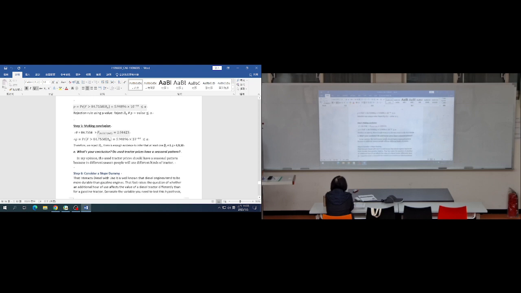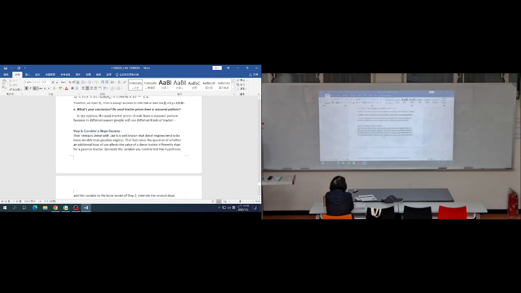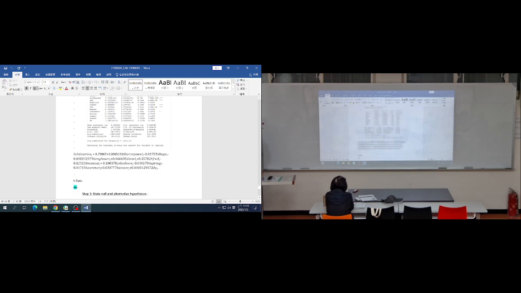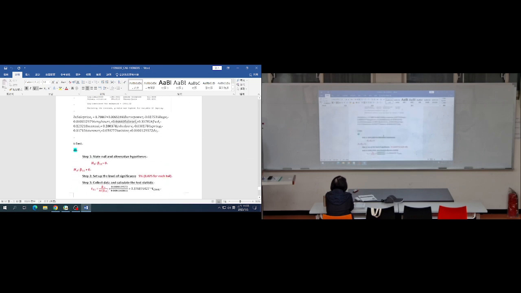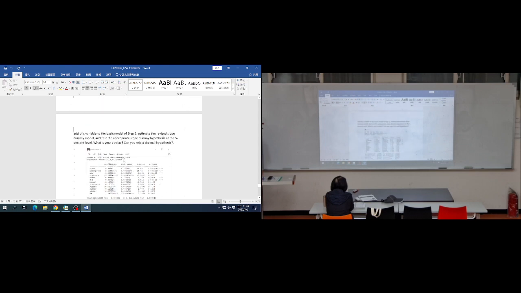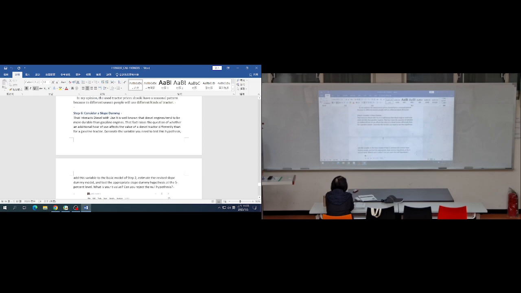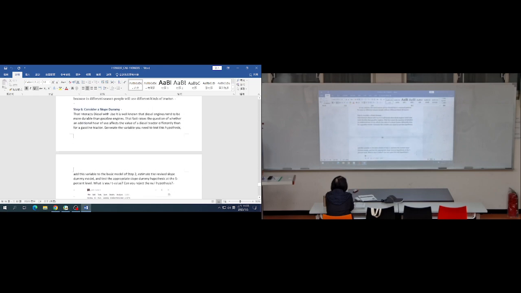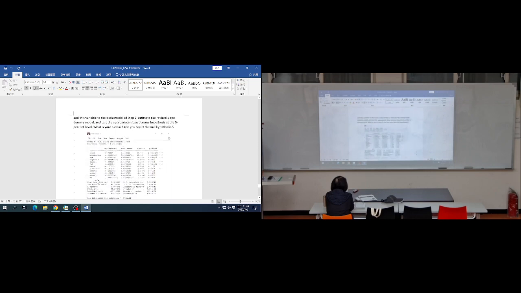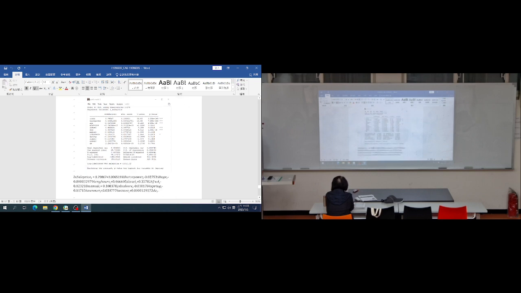Step 6. Considering a slope dummy, this is the t-test, stating the null hypothesis. What is your slope dummy variable? Where is it? Which one is the slope dummy? This one. Okay, how did you get this one?